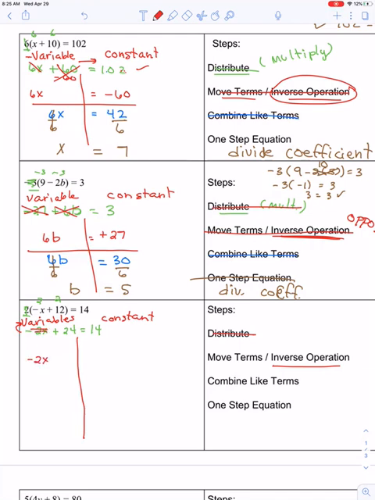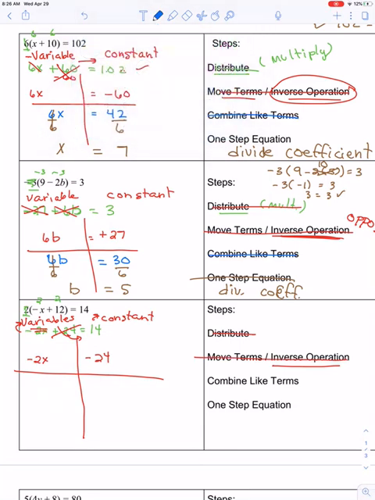Positive 24 does not have a variable, so it's going to have to move to the constant side. To move to the constant side, instead of a positive, it's now a negative. All right, 14 is a constant, so it's not having to move. So we've got everything on the correct side.